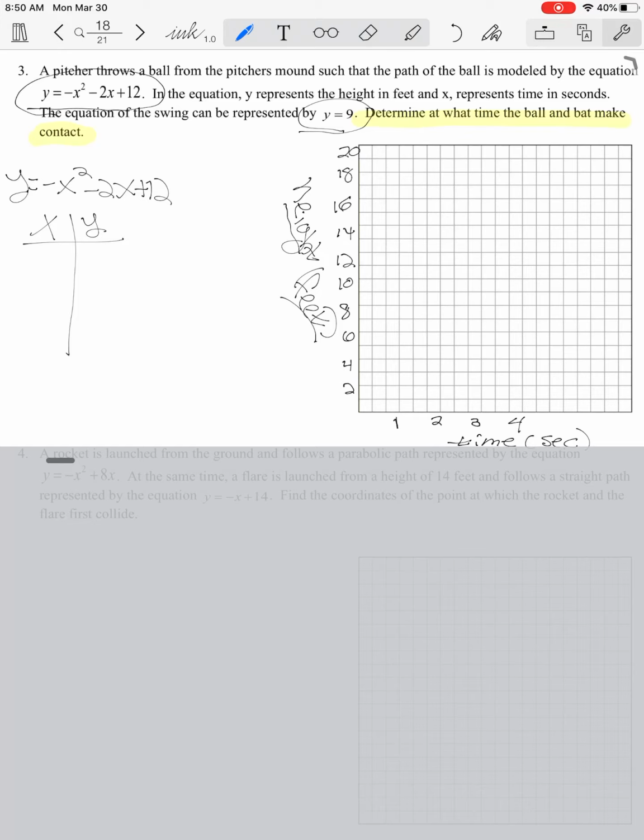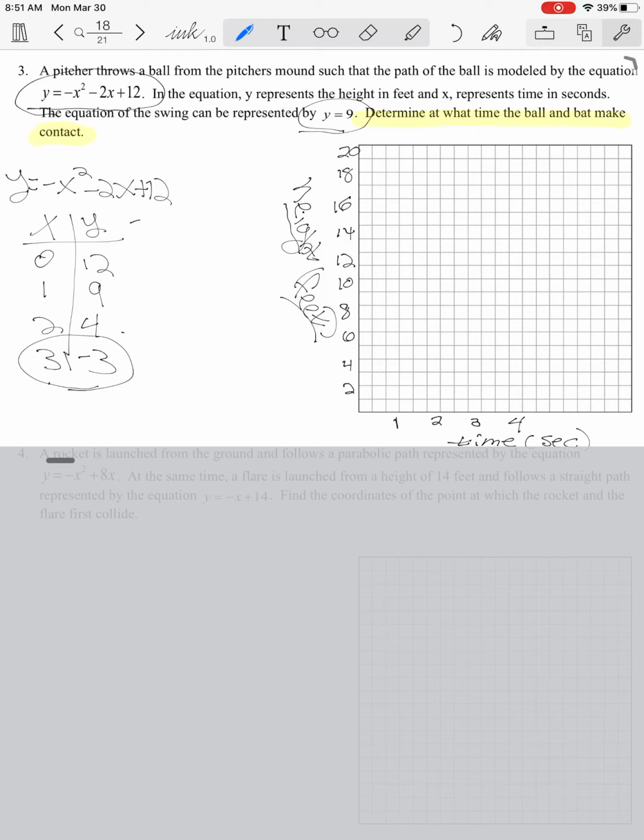When I put that in the calculator, I'm going to get 0, 12, 1, 9, 2, 4, and 3, negative 3. If you notice, down here, 3, negative 3, we can't graph it, but we know that it's going to hit 0 somewhere between 2 and 3.